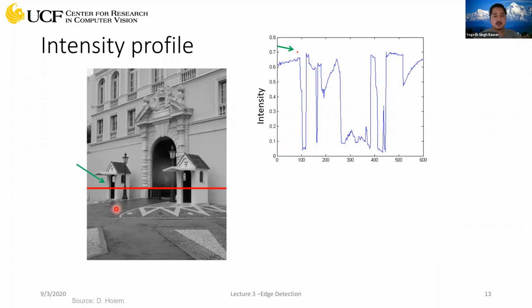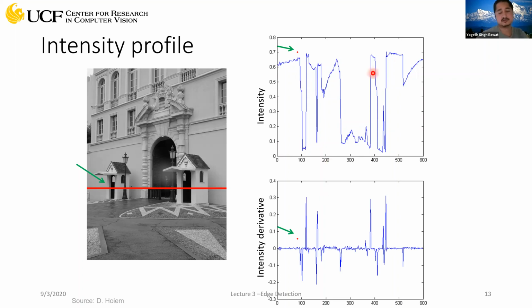Now let's plot the intensity profile for this red line in this image, and this is giving the intensity. As you move from this location to this location, that's how it's changing. If you look at this edge, you can see that the intensity is going down, and at this location it was completely black. If you compute the derivative of this curve like we did for the previous one, you will get something like this.